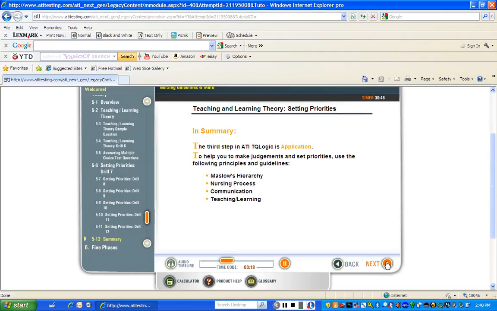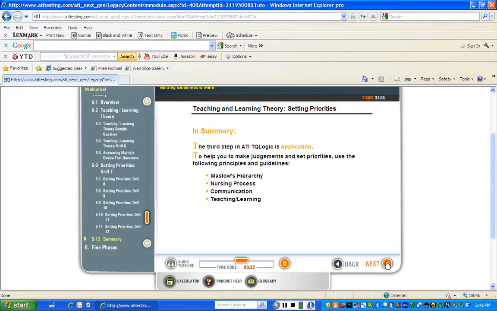The first principle is Maslow's hierarchy of needs, which tells us that the client's basic physiological needs come first. When there is more than one physiological need, remember your ABC principle, in which case airway needs come before all others. In the absence of physiological need, consider any safety concern first.